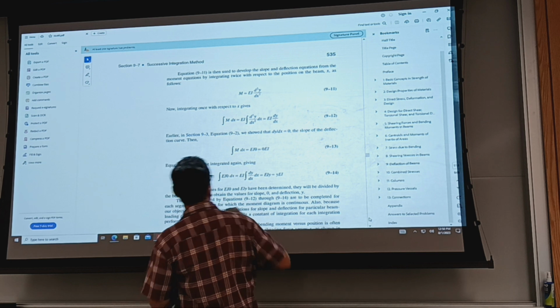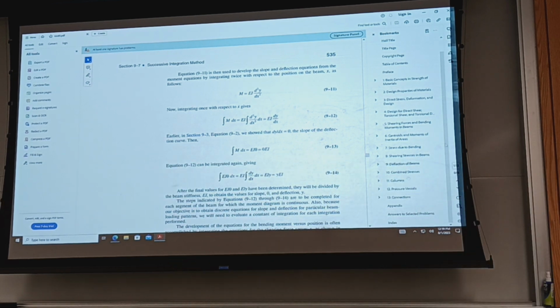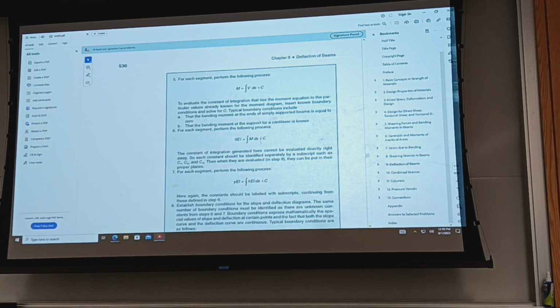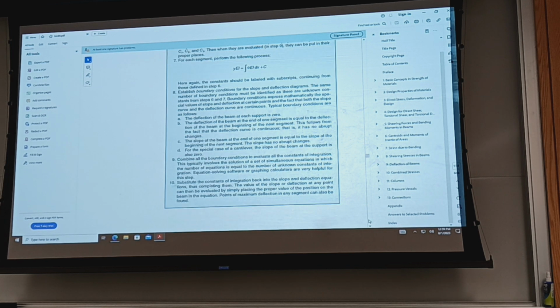A bit earlier I introduced the discussion about the constant of integration, and constants of integration need to be reconciled from boundary conditions or limit conditions. Okay.